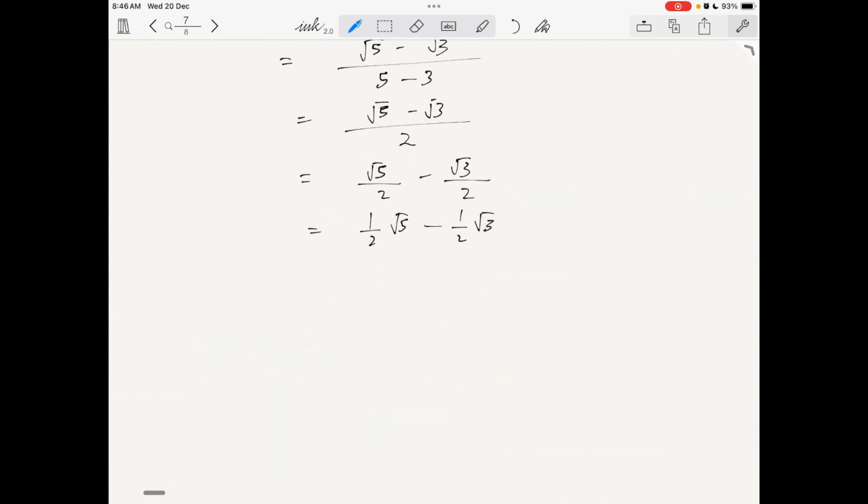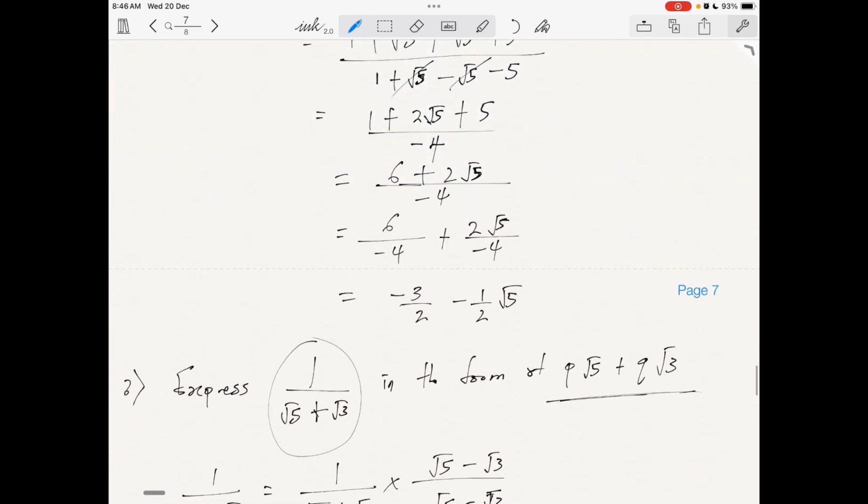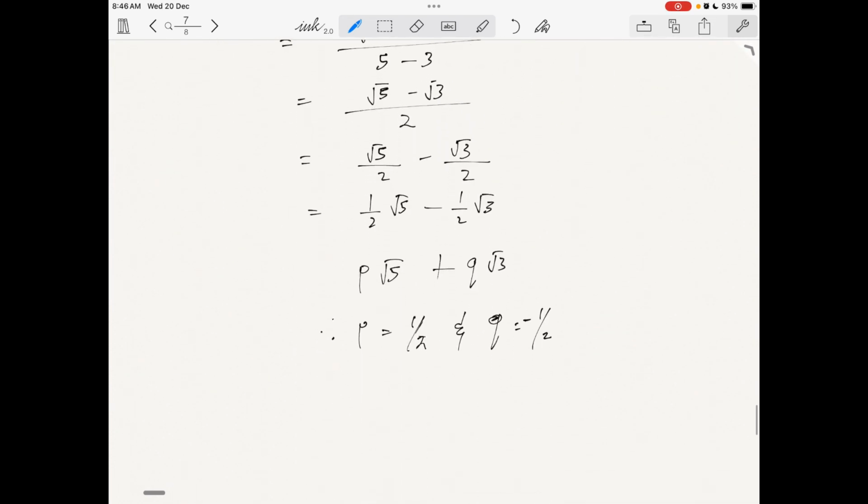So therefore we are saying that our p is 1 over 2, and our q will be minus 1 over 2. So questions can come in any form, okay, in any form.